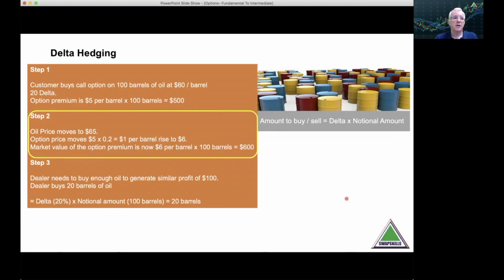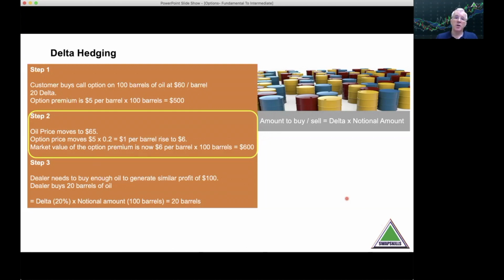So what happens there? If the oil price has moved to $65, your option price has moved by $1 per barrel. So the option price has moved from $5 to $6. Now, being an option, this is on 100 barrels. So what it means is that the profit in the option going up in value by $1 is applicable to 100 barrels of oil, which means the option holder has made $100 profit.